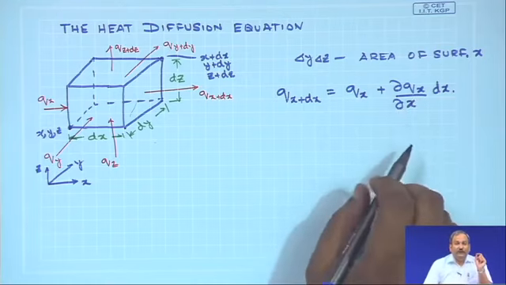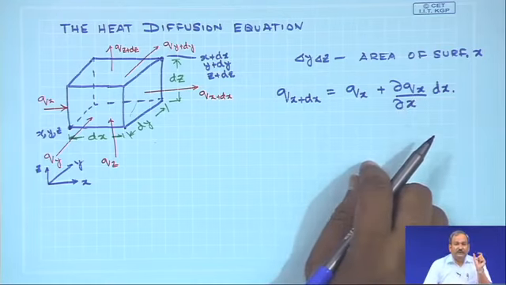If dx is quite small, then a Taylor series expansion of qx around x, neglecting the higher order terms, is admissible and accurate, and therefore qx plus dx can simply be expressed as qx plus the rate of change of qx with x multiplied by the length scale dx.